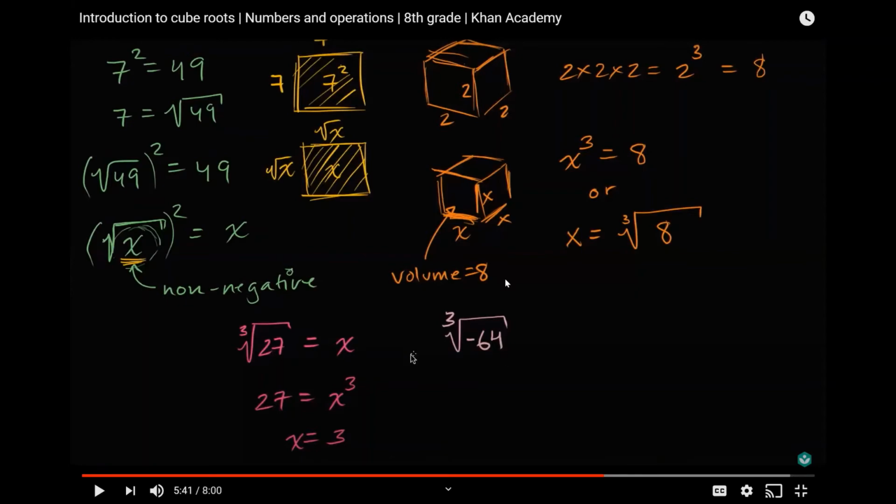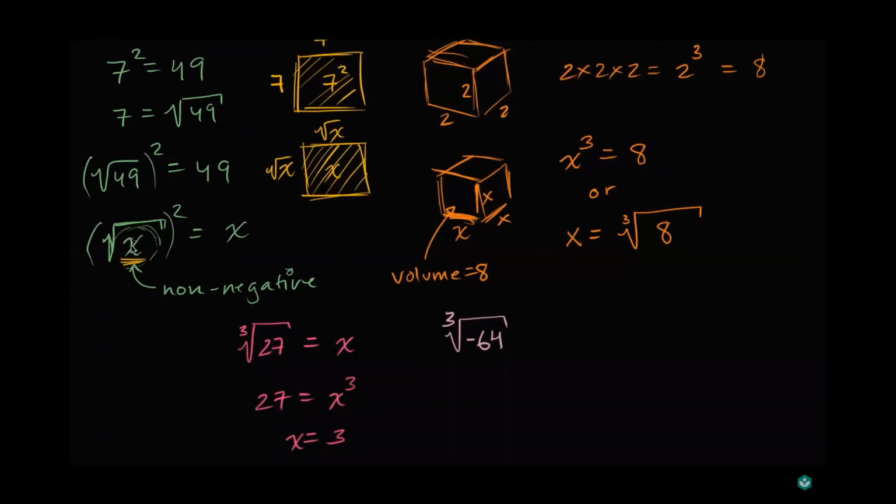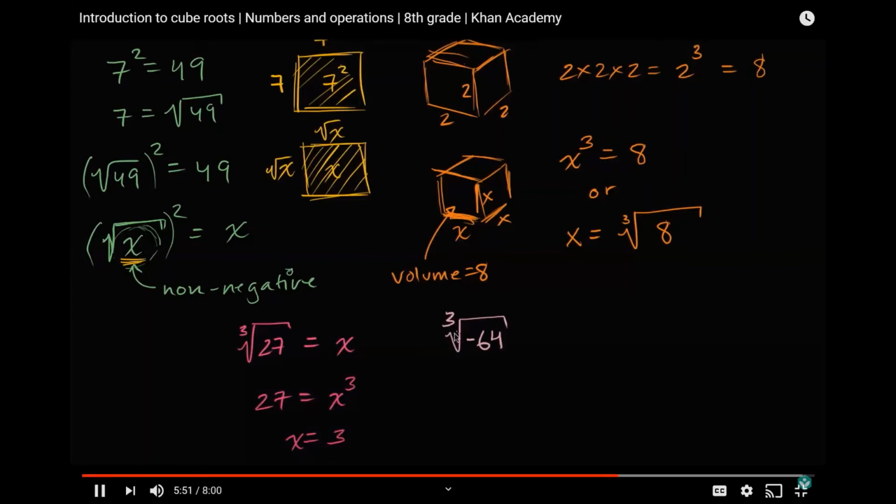Okay, now pay attention to this example that he's doing, because he is doing a negative number here. I already talked about that if we're talking the square root, it's fairly typical that if you put a negative number in there, at least until we learn about imaginary numbers, we don't know what to do with it. But can we do something with this? Well, if I cube something, can I get a negative number? Sure.